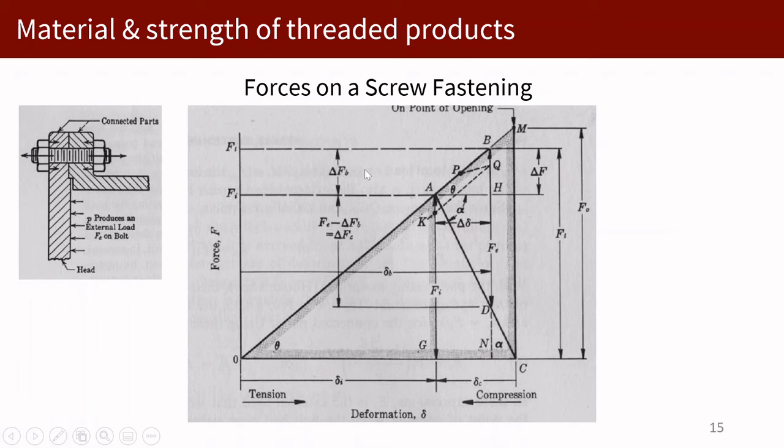So what happens with your delta F? When applying that additional force, if you look at this, the deformation is decreasing, the deformation from this point, which is at A, when you reach the initial tightening force, on the x-axis.